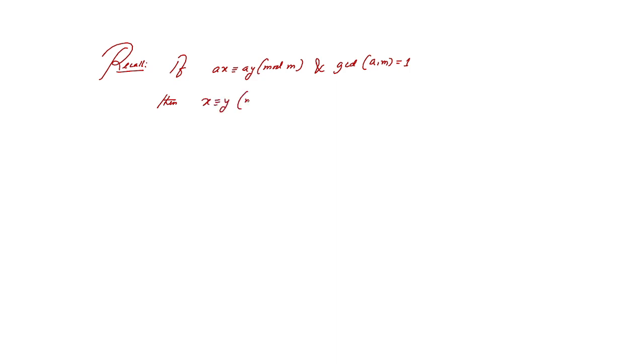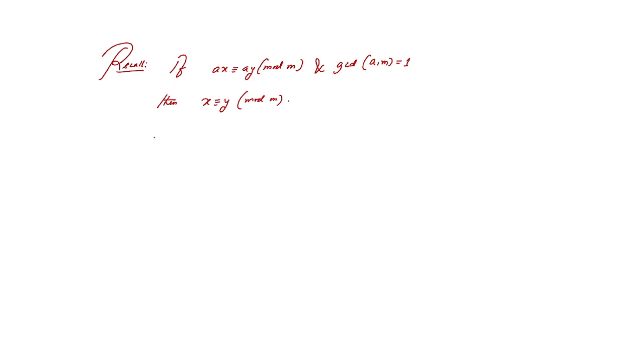Similarly, there is another important recall. If ax is congruent to ay mod m and a is prime to m, that is GCD of a and m equals 1, then what can we say? We can say here x is congruent to y modulo m.